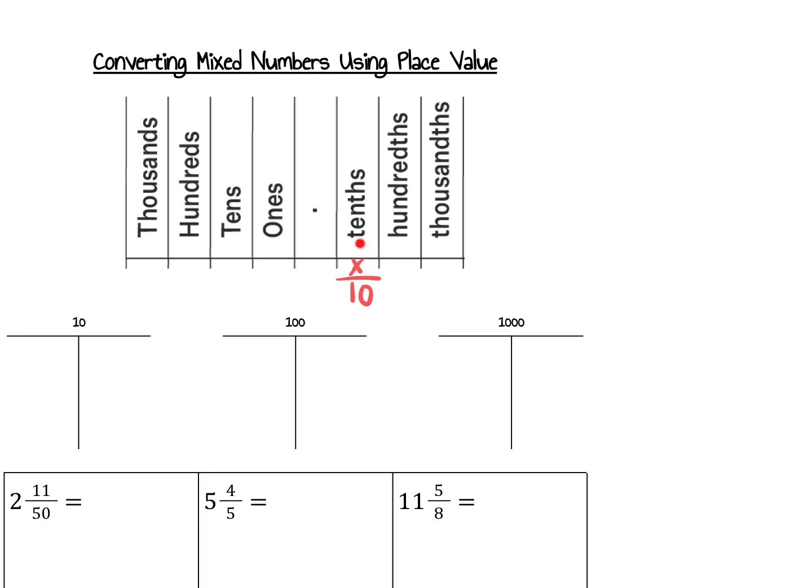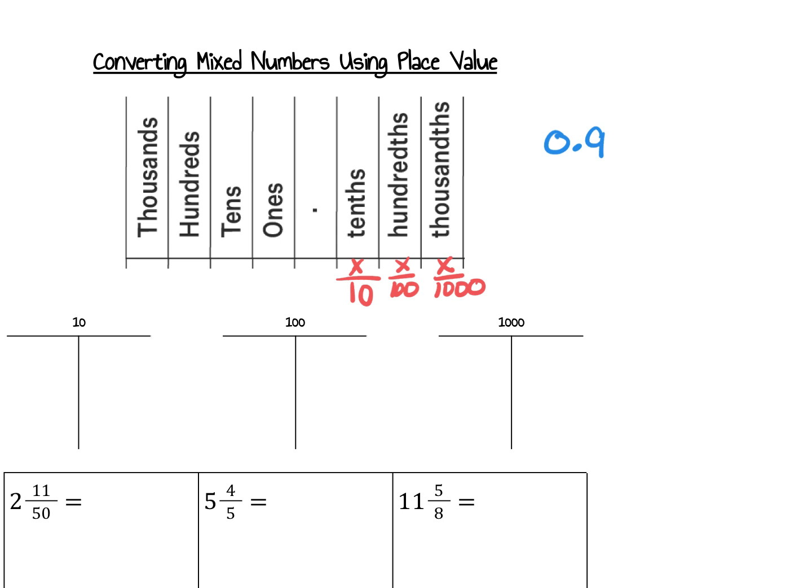It's a variable holding the spot of a number, so some number out of 10. If we go to two place values, that's going to be some number out of 100 because it's the hundredths place. And then if we go 3 digits after the decimal, that's going to be some number out of 1,000.